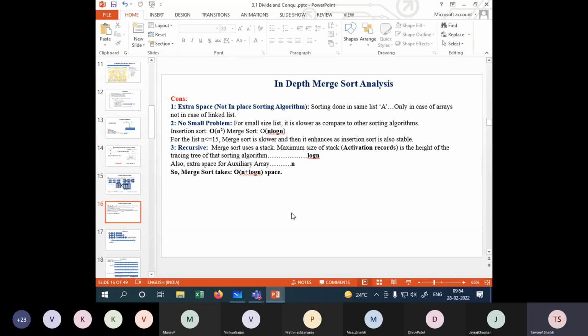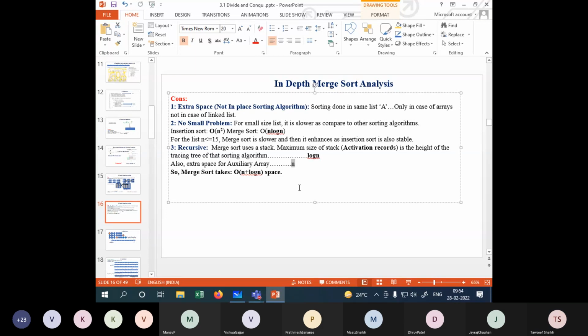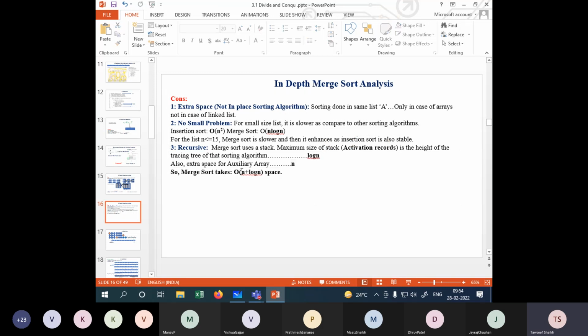That subarray is a different array, and that subarray is again a different array. So we need those auxiliary arrays, and the auxiliary array size is again equal to n, because we are dividing n elements into n sub elements. So the stack size needed will be log of n, and the auxiliary array size needed will be n. So in total merge sort takes n plus log n space.